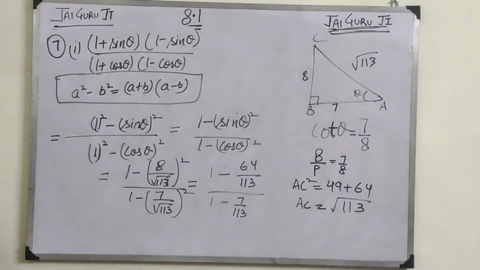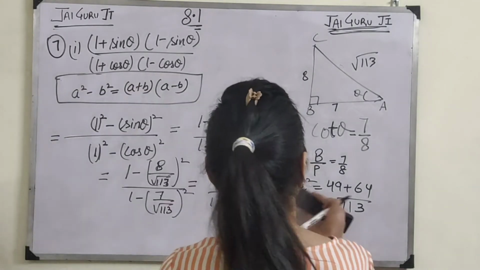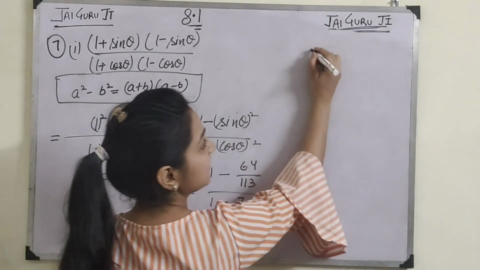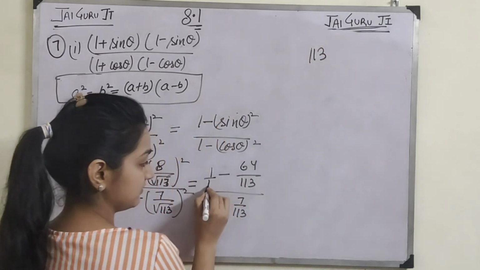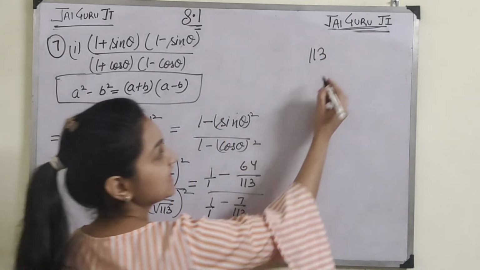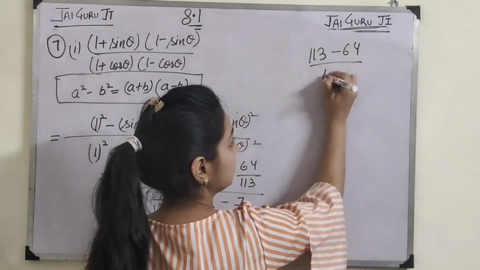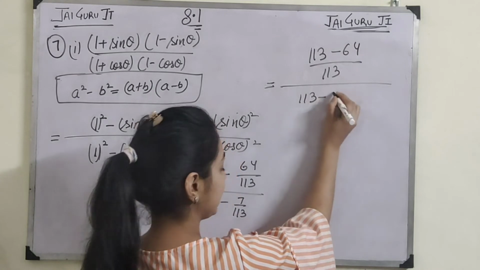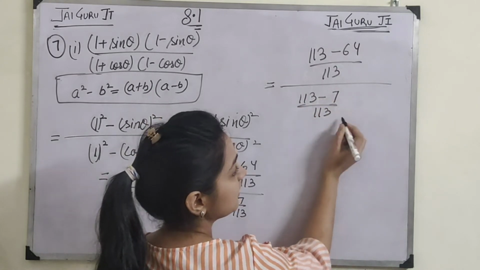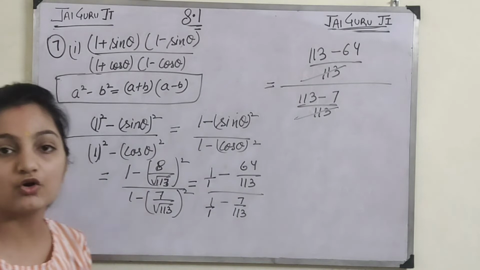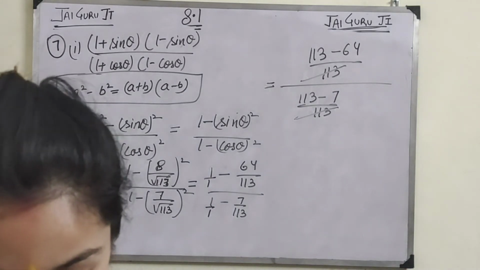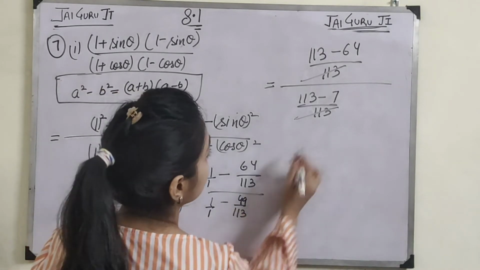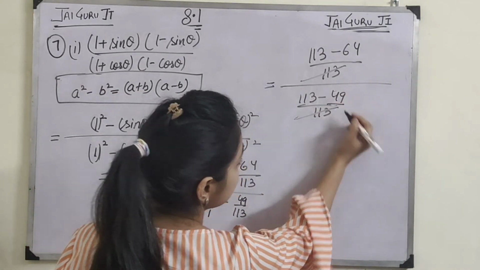You have to take out the LCM. I'm coming here, 113 is the LCM, and 113 is the LCM again. So the 113 and 113 become double reciprocal and get cancelled. This is cut. Here 49 will come, the square of 7.